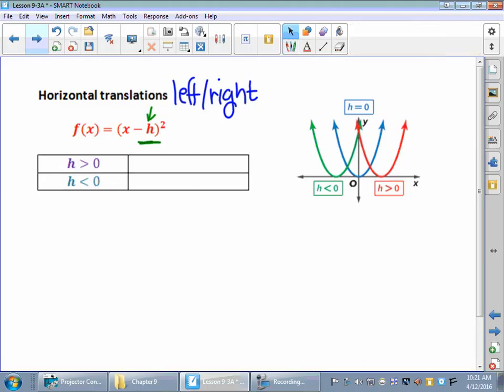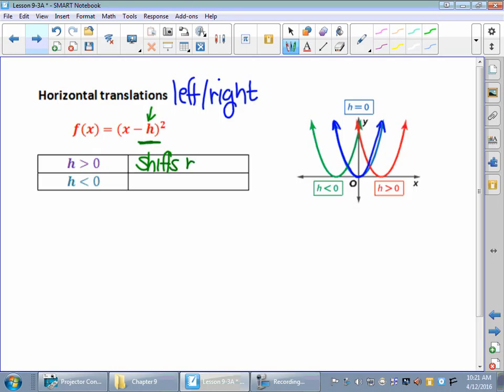So here's an interesting thing. Notice how on my graph I've got the blue parabola again with the origin as the vertex, and then I've got my green and my red graph on this example that move back and forth, left and right. Notice it says when h is greater than 0, makes sense, right? The parabola shifts right.